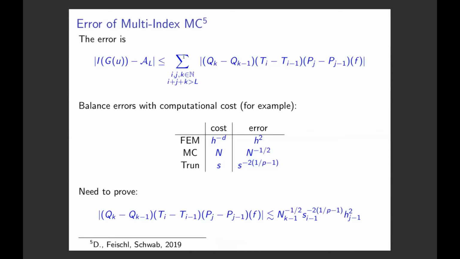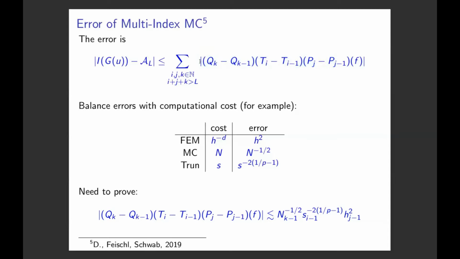Now, to make this error small and to get an improvement of the cost versus the error, one needs to show that the errors here in fact multiply. And if you think back to the case I talked about earlier at the beginning, the error for the single level case, we had the sum of each of the terms, and ideally we wanted to have a product. And that's exactly what we are aiming for with this expression here.